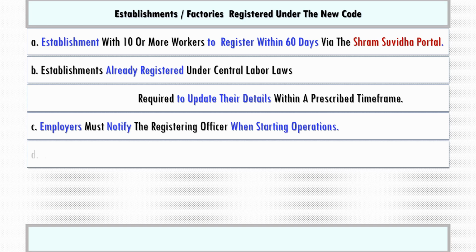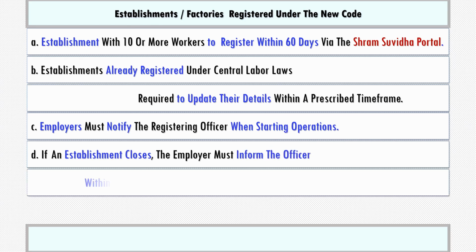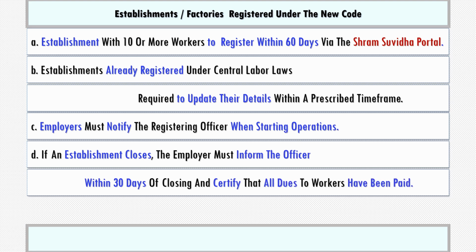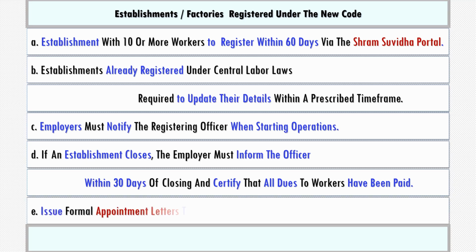If an establishment closes, the employer must inform the officer within 30 days of the closing, also certifying that all dues to workers have been paid. And it is mandatory to issue a formal appointment letter to all employees, including those employees who have been hired before the code.